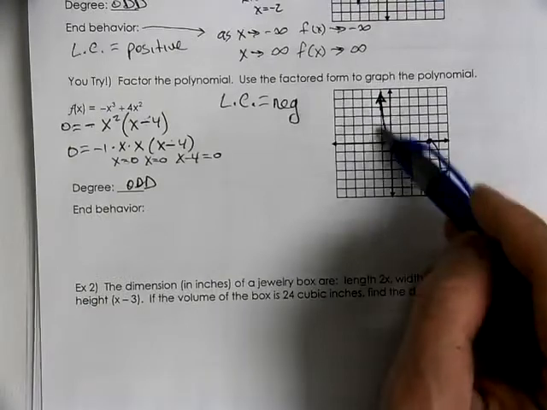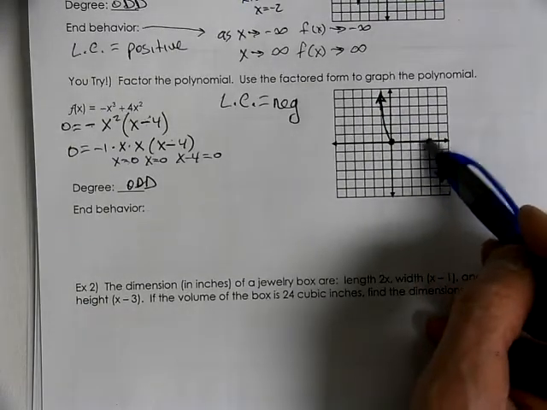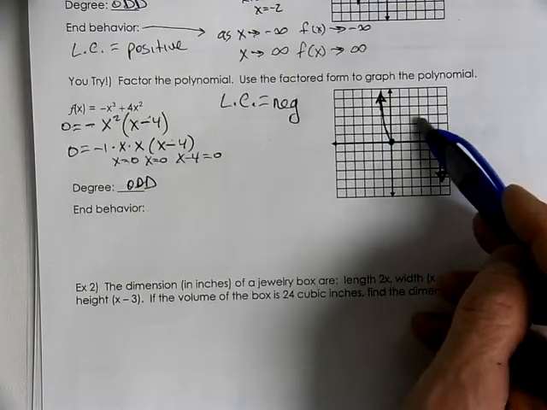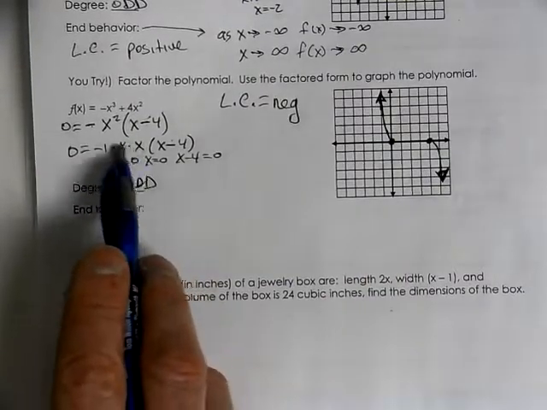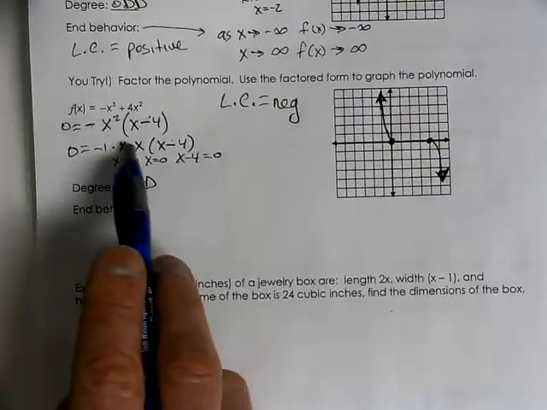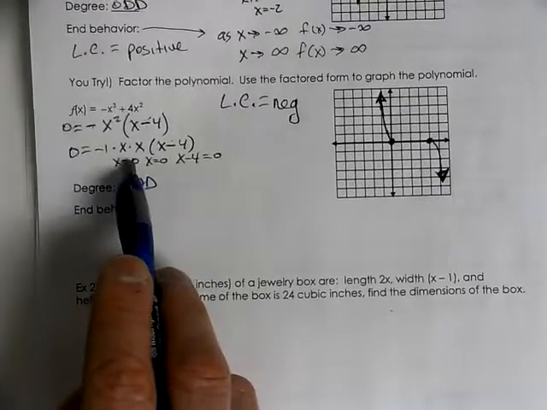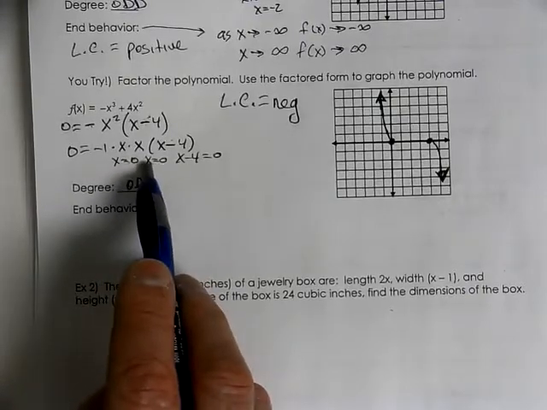If you think how this flows through here, it either has to come down and bounce out here at 4, or it has to bounce off of the 0 and come down. Because the 0 is squared, because there are two x's to represent the x squared, because there are two x-intercepts that are exactly the same, that is your double zero.